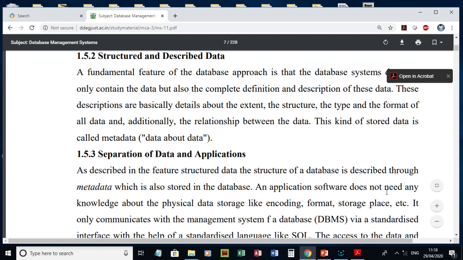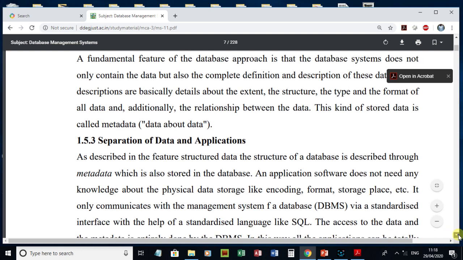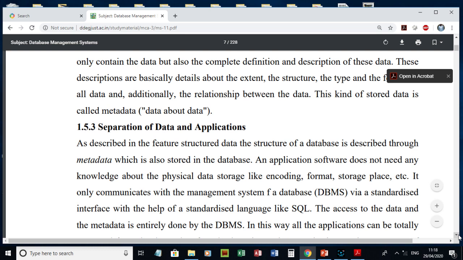An application software does not need any knowledge about the physical data storage like encoding, formatting, storage, etc. It only communicates with the management system of a database through a standardized interface with the help of a standardized language like SQL.